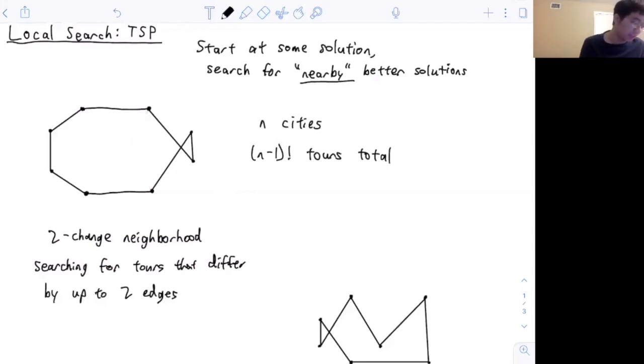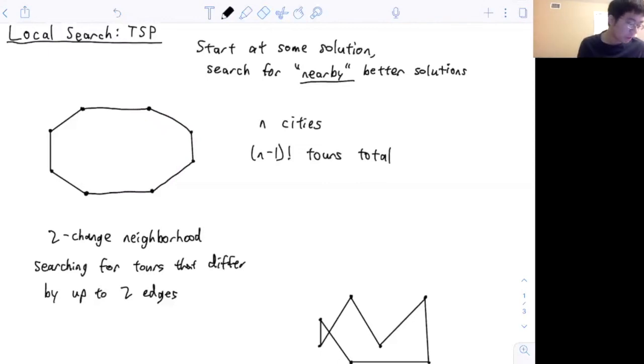We have a different tour that has a lower total distance. This is an iterative process, so we can repeat this. Now we can remove these two edges and replace them with edges that go here. And now we have the optimal solution for this particular graph.